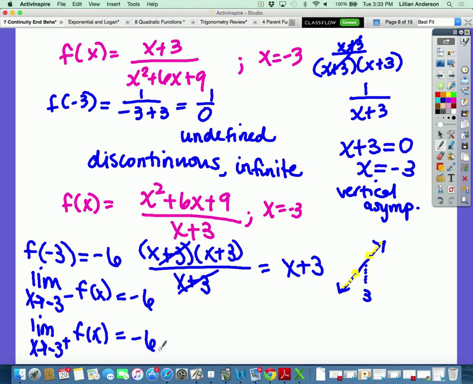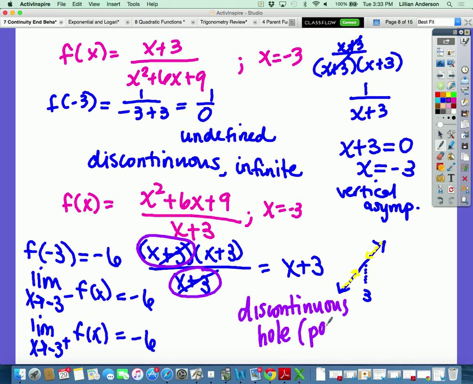Now, the third test says that f of negative 3 and the limits as they're approaching from the other side have to equal the same thing, which they do. But this is one of those cases where this is actually discontinuous. And the reason why is because if you simplify and you end up canceling out a factor, which we did at the very beginning, that means there is actually a hole, or in this case, point discontinuity or removable discontinuity at negative 3.